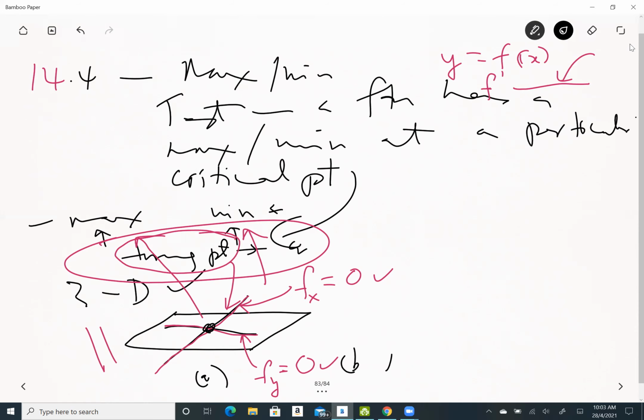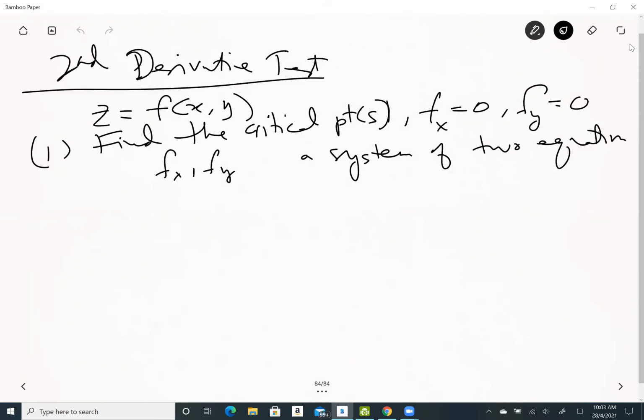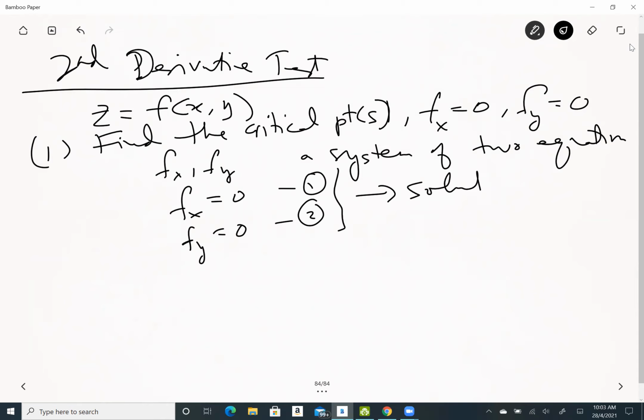In order to find it, we solve the system. fx equal to 0, call it number 1, and fy equal to 0, we call it number 2. Given that system, you find the solution. That solution would be the critical point.